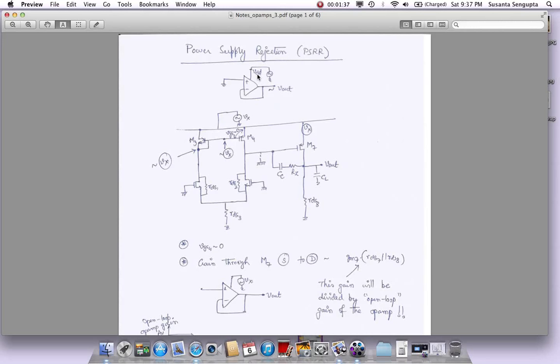And if you refer to Dr. Allen's book, which I mentioned earlier in one of the lectures, which is the CMOS analog circuit design book by Allen and Holberg, he has a very good detailed analysis of both positive PSRR and negative PSRR in the op-amp chapter. So you will be able to get a lot of details with small signal model derivations, understanding what is going on, all that stuff there.